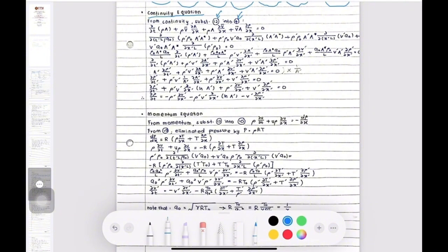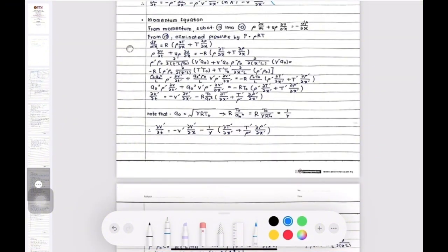Okay, then divide by the reference quantities. Then we will get the continuity equation here. Okay, next is the momentum equation.